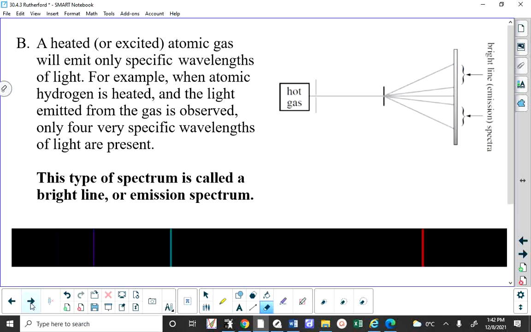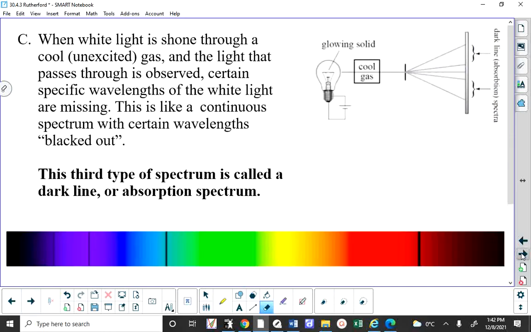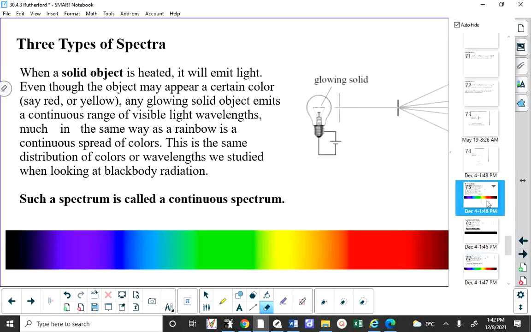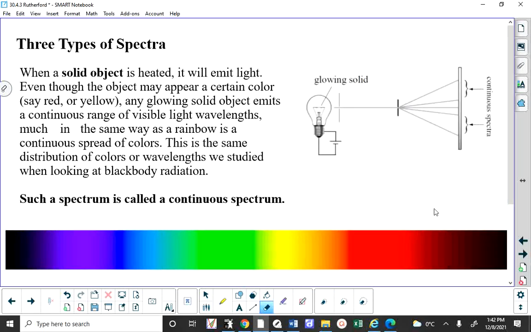The third spectrum is called a dark line spectrum. And it's produced, get this, it's not really produced. Well, in order to get a dark line spectrum, you have to start with a continuous spectrum. So if you take a look at what I've got in the diagram, I've got a glowing solid, and the light coming off of that glowing solid is a continuous spectrum.